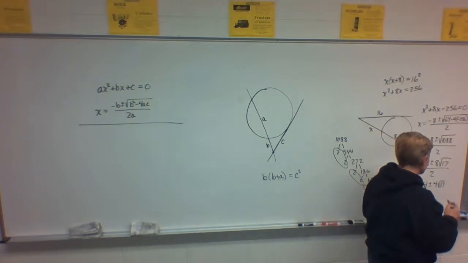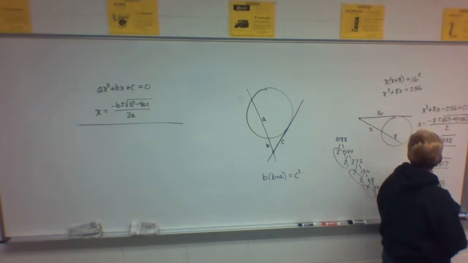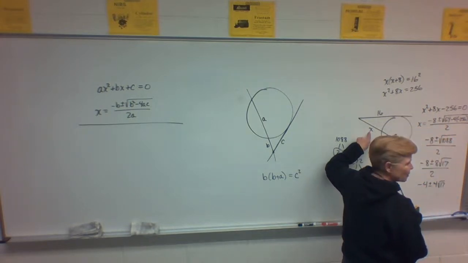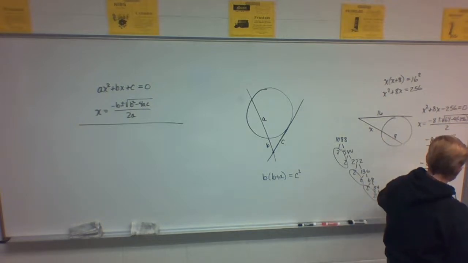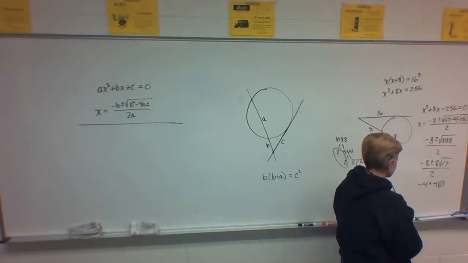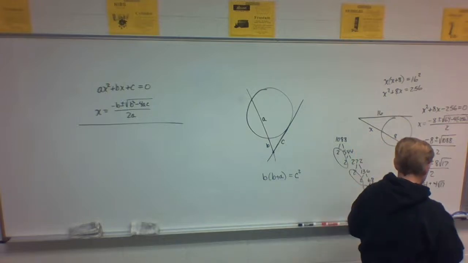Now, -4 minus something else is going to be negative. That has to be positive because it's a length. So I can ignore that part. So -4 plus 4 root 17 is the length of this segment. As a decimal, that is, and we go -4 plus 4 square roots of 17, close it, is 12.49.